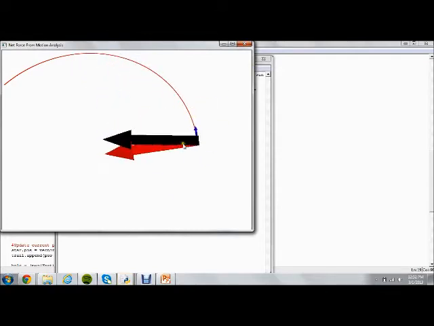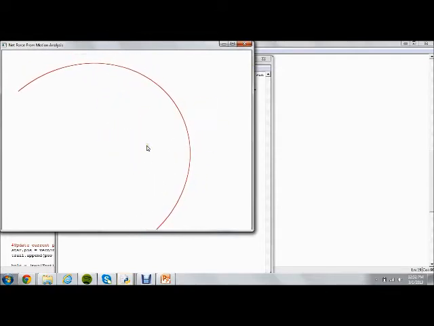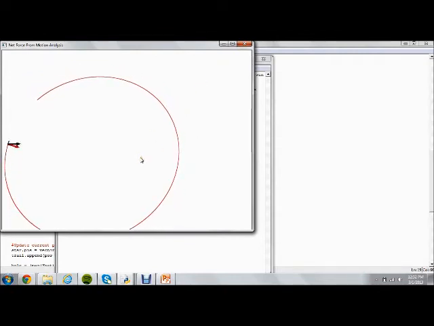As you can see, the black arrow represents Fnet, and the blue arrow represents the Fnet parallel, which is a change in magnitude, and the red arrow represents Fnet perpendicular, which is a change in momentum.